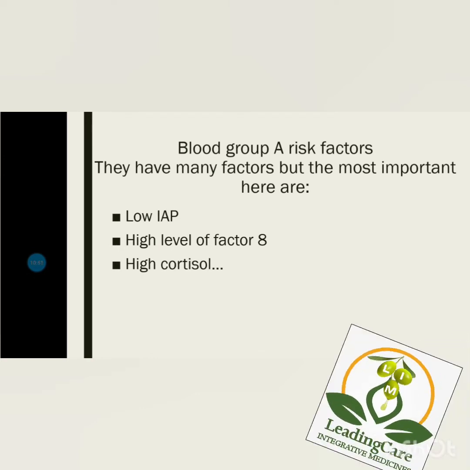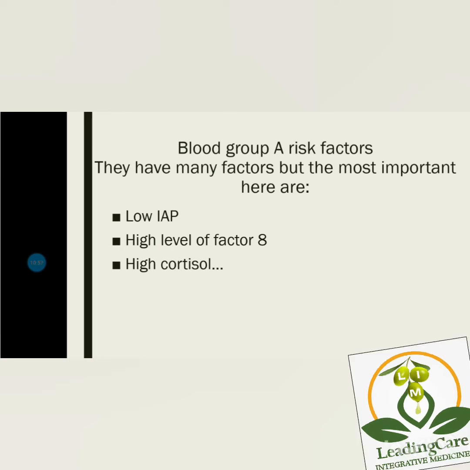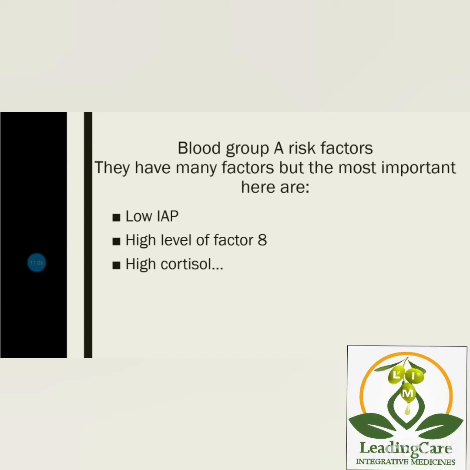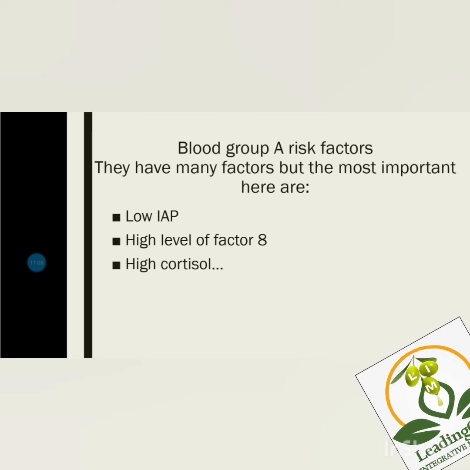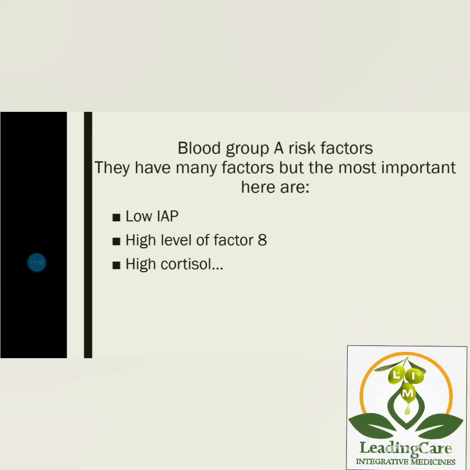And they have foods that they must avoid, that will lead them, if they don't avoid them, to getting high blood pressure. So blood group O should live on what? On vegetables, fish, as I said earlier.